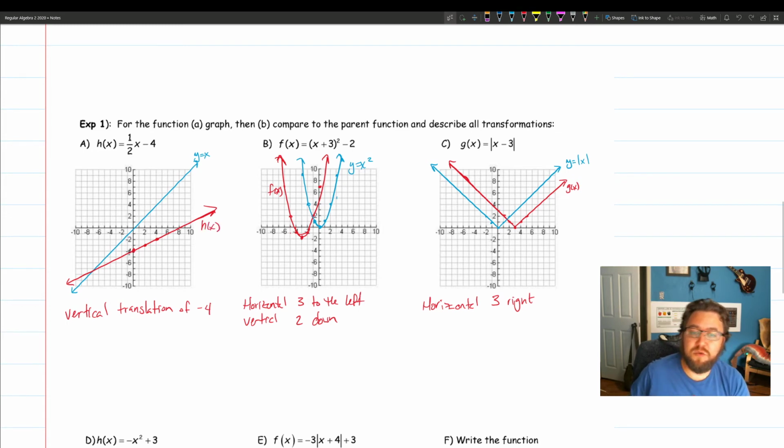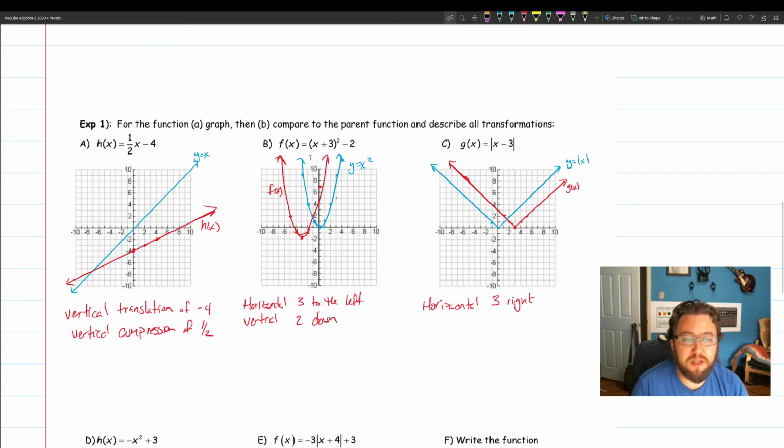So you can see not only was it vertically shifted, but we had a compression vertically, which we can say vertical compression. Vertical compression of 1/2.